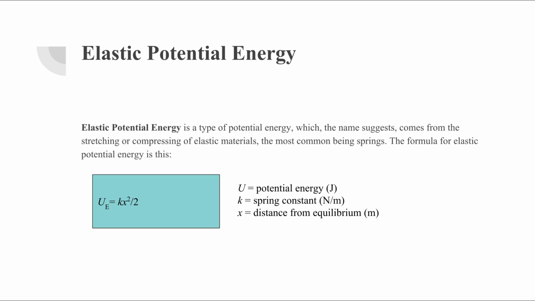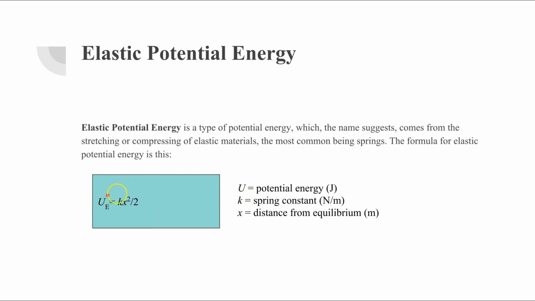It applies for anything elastic, like a rubber band, for example, or a slingshot, as long as they have a measurable spring constant, or force constant. That's also what this is known as. As long as it has this, you could use this formula for anything elastic.